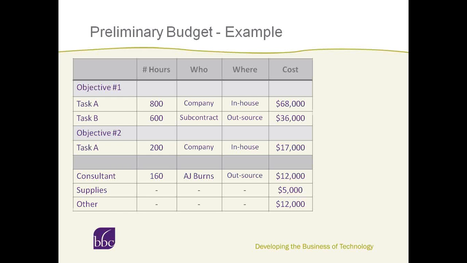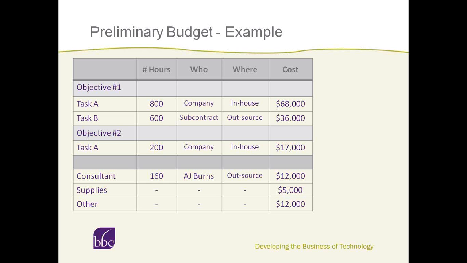Objective 1 has task A and B, and Objective 2 has one task, task A. For each of those, we've estimated the number of hours that are going to be required to complete. And remember, this is R&D. It never goes exactly the way you have it planned. So we built in some extra hours in there, just if we have to try something different or we have to do something over to make sure we've gotten the result that we're after, right?